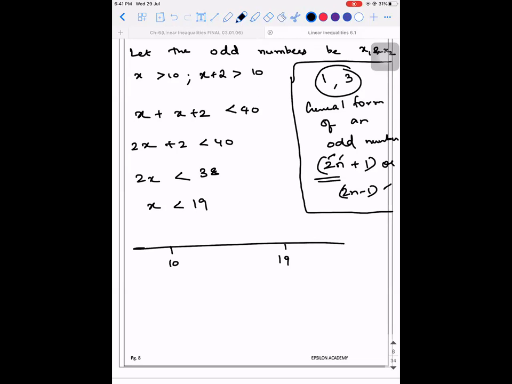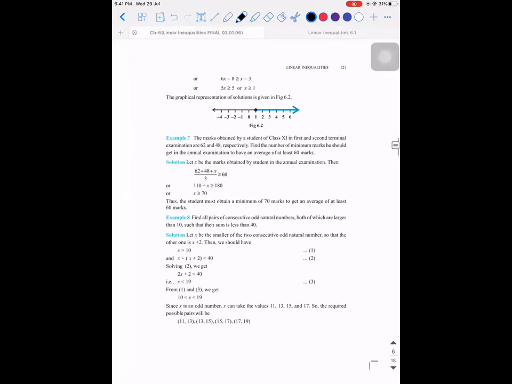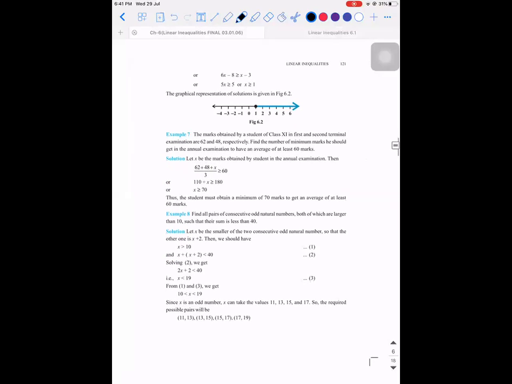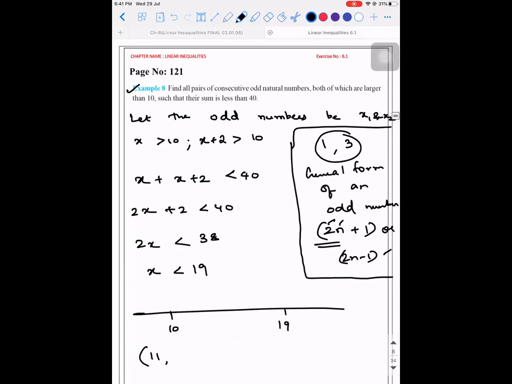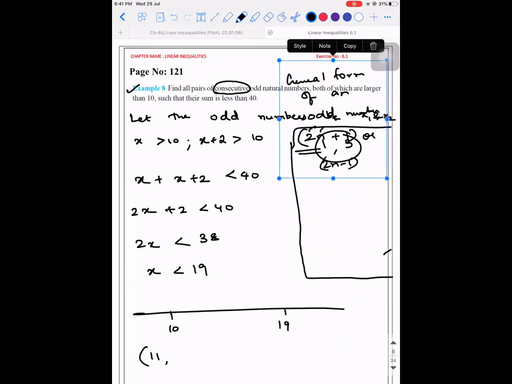So just a minute, I want to see how they've reported the answer. They've given it as ordered pairs only. So x should be greater than 10. So what is the odd number which is just greater than 10? 11. But one minute, wait. One point I missed is find all pairs of consecutive odd natural numbers, both of which are greater than 10.